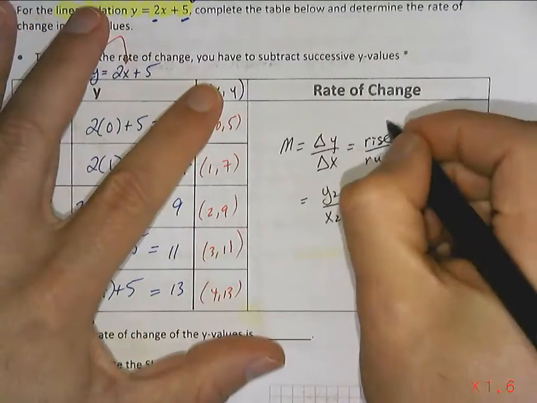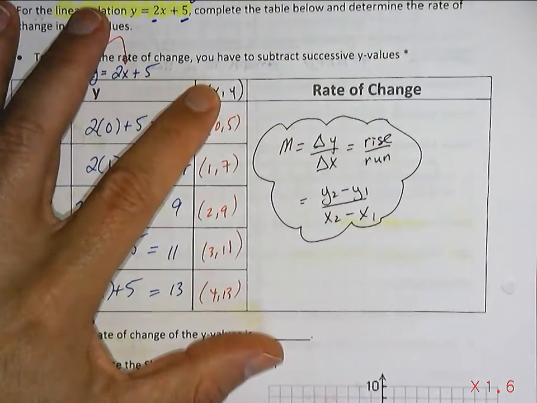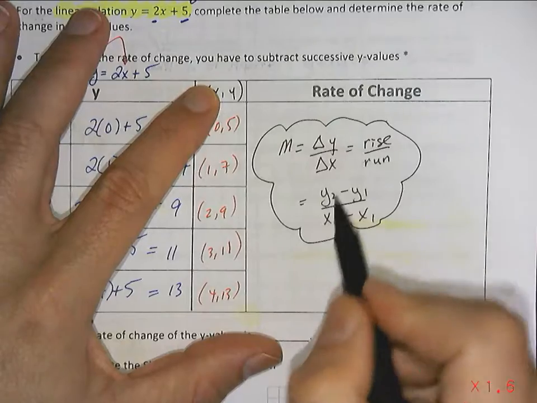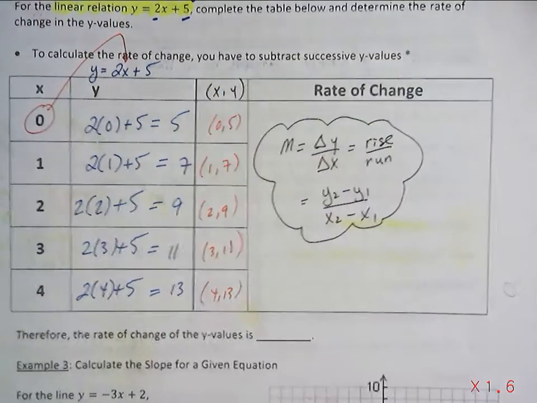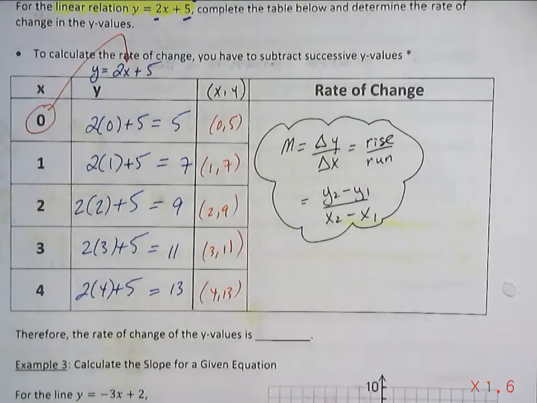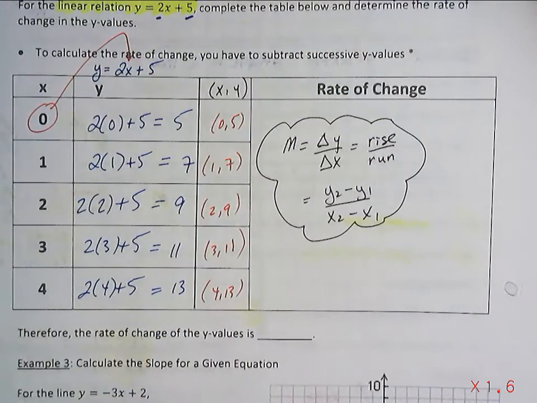You better know all of it, and you better be able to use it. Now, I have to pick one of my points to be x1, y1, point 1, and my other one to be point 2. It doesn't matter which one you choose, because the slope between any 2 points on a line is constant.